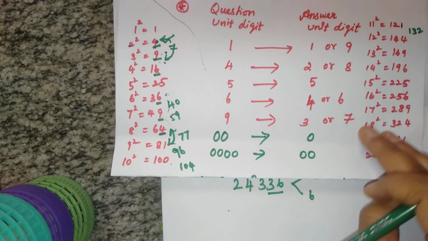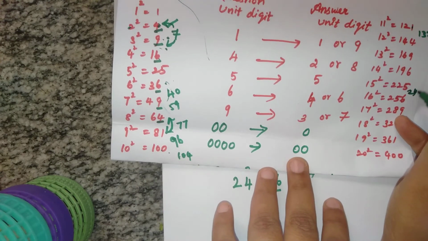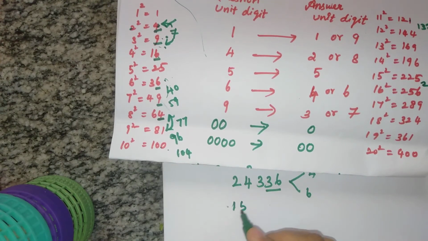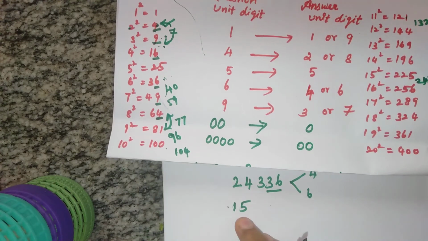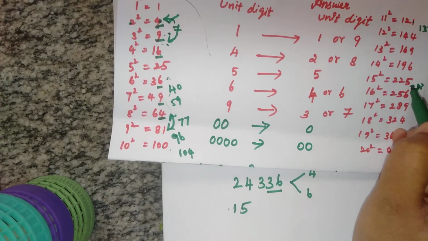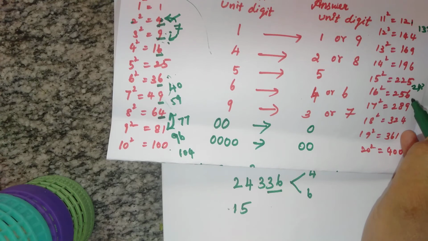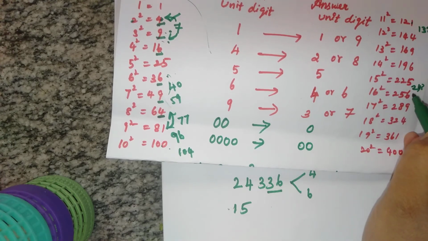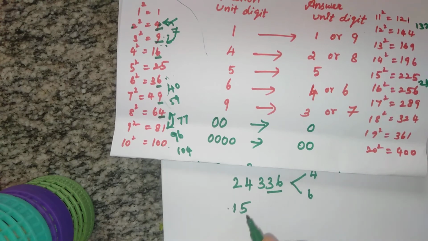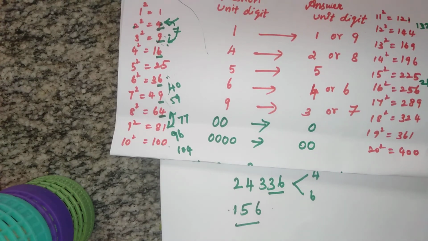So 243 gives the first answer, 15. Now we have to check 4 or 6, so we think about the distance. For 243, here how much distance? 22. Here how much distance? Just 15. So which is near? The lower value is near, so 6. So this will be the answer.